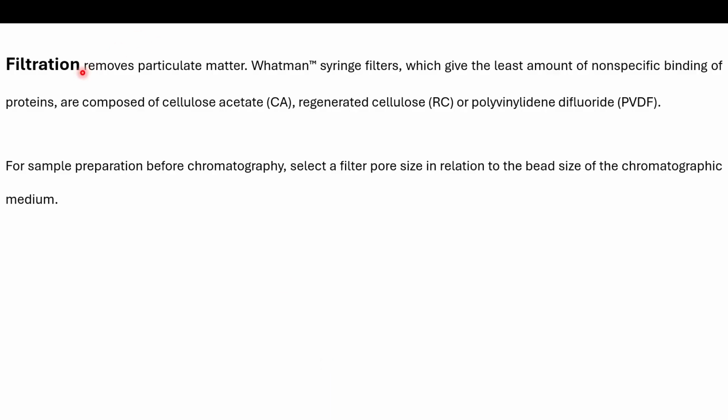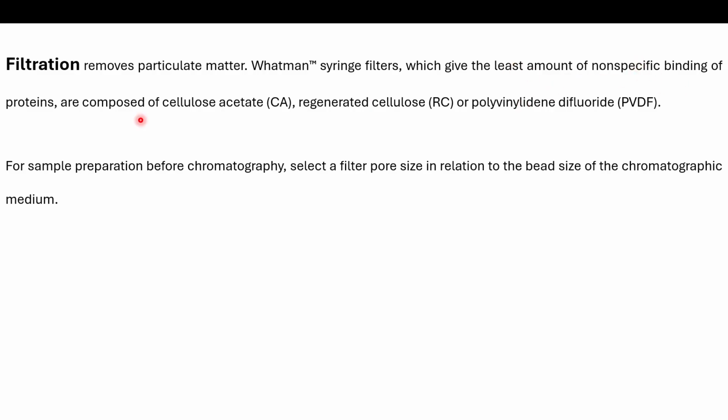And yeah, this is what we were talking about. Filtration actually is removing particulate matter. Many times there are syringe filters which are used at the tip of the syringes after removing the needle, which gives the least amount of non-specific binding of proteins. Definitely during filtration, whenever we are using any filter membrane, these membranes should be made up of such materials which show really little or nil interaction with your biomolecule of interest.